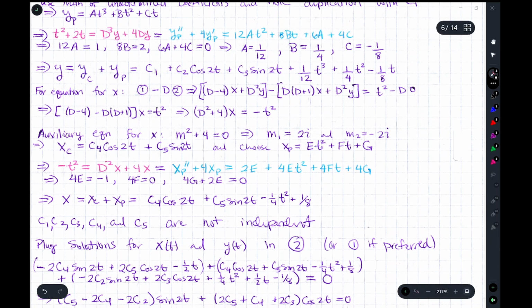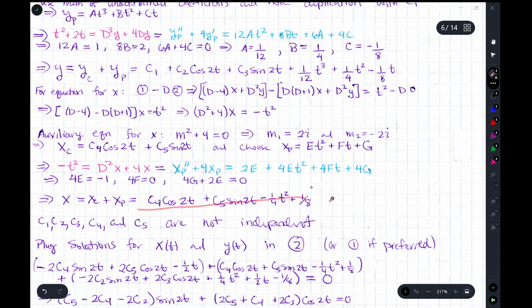But for now, we treat x and y completely independently. Okay, we've decoupled them. And so we have this form where there is no duplication with the complementary function for x. Okay, doing the straightforward method of undetermined coefficients, we get these three equations, which we could solve for E, F, and G and get this right here.